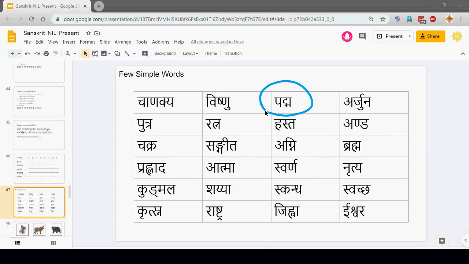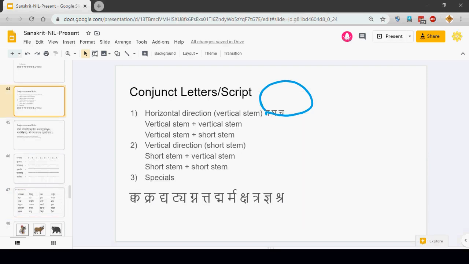Okay, so next one, Veena. Part. So this symbol which is coming in there is somewhat special, which is shown here.